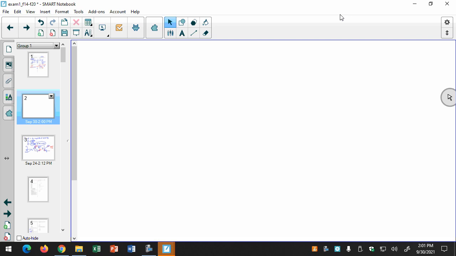In the multiple choice, you have less than 10 from chapter 1, about 7 or 8 from chapter 2, and 4 or 5 from chapter 3. And from chapter 3, it'll just be the vectors.